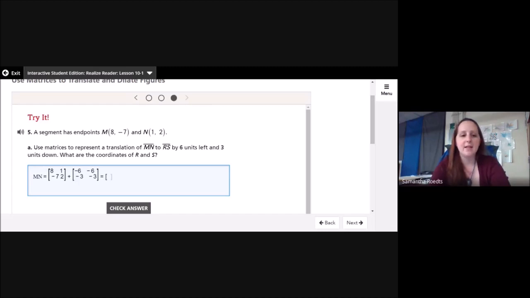When I add these, 8 plus -6 is 2. 1 plus -6 is -5. -7 plus -3 is -10. And 2 plus -3 is -1. So that means R is 2, -10, and S is -5, -1.